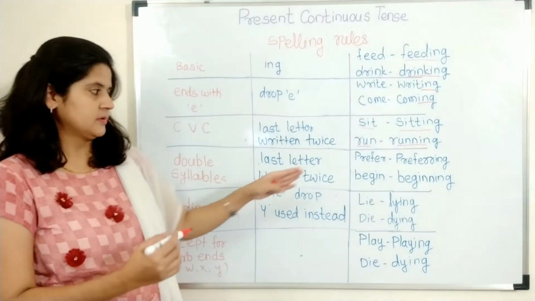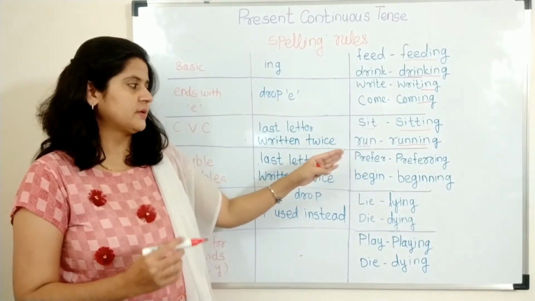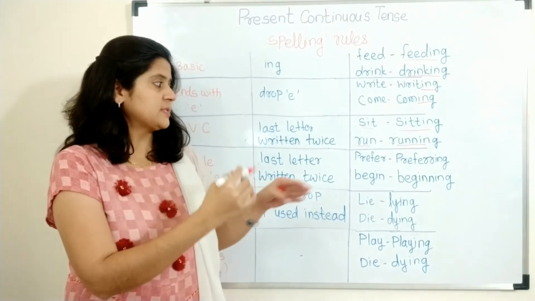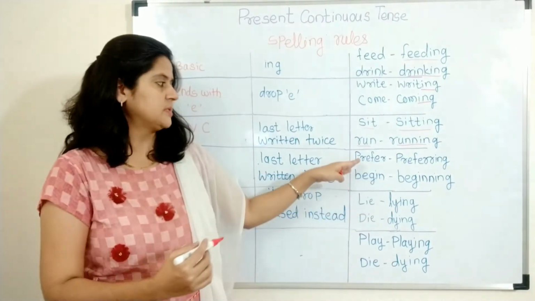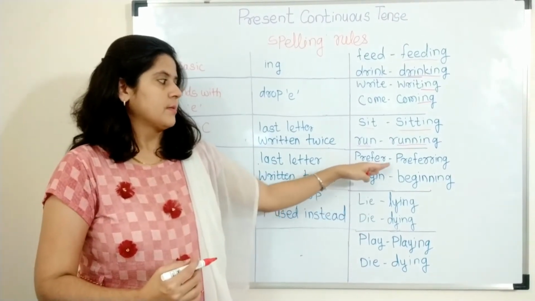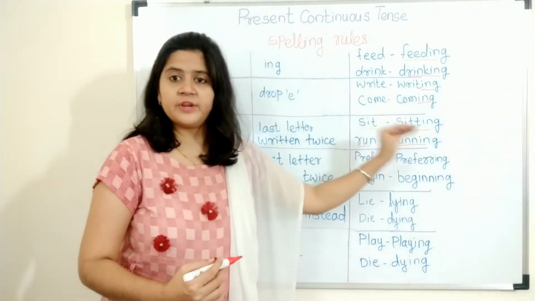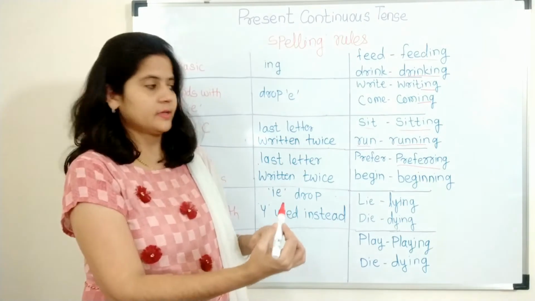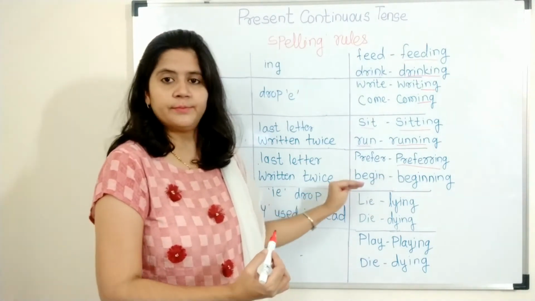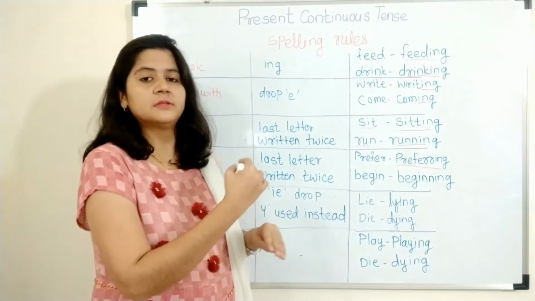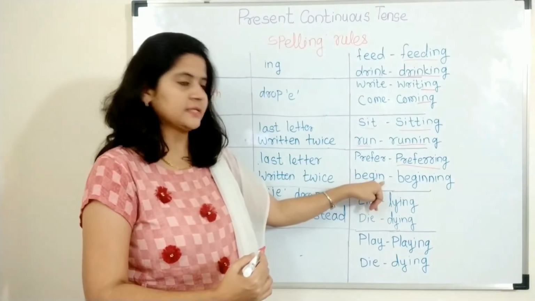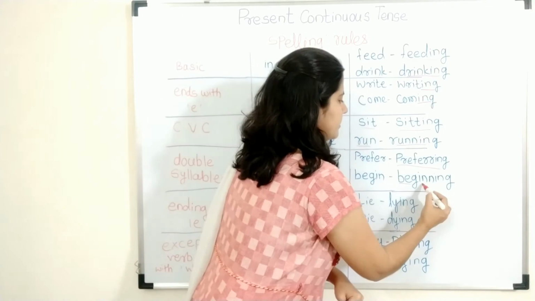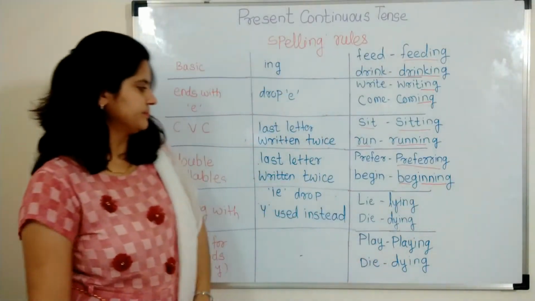For example, prefer: here we put the stress on the second syllable, so prefer becomes preferring. Begin, here also the stress is on the second syllable, so it gets doubled: beginning.